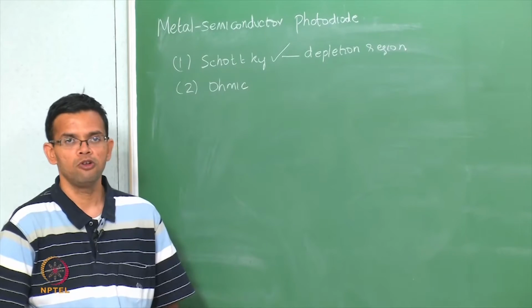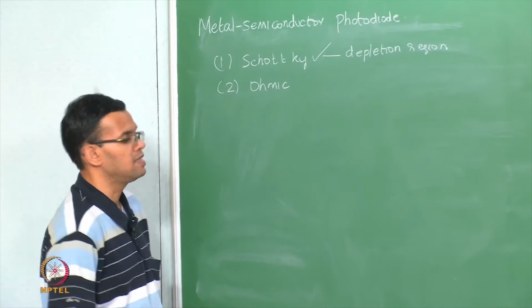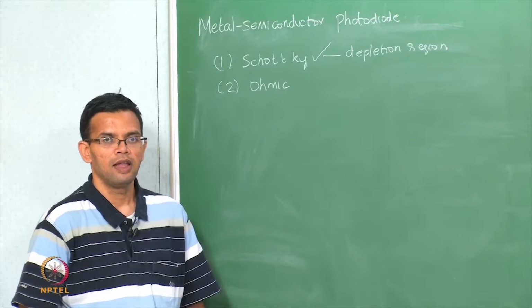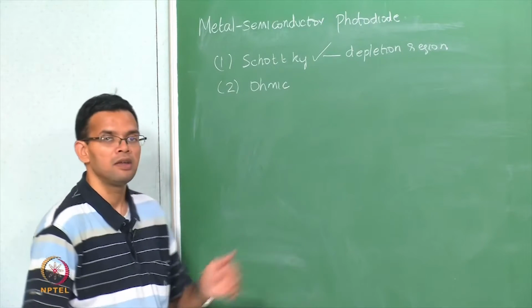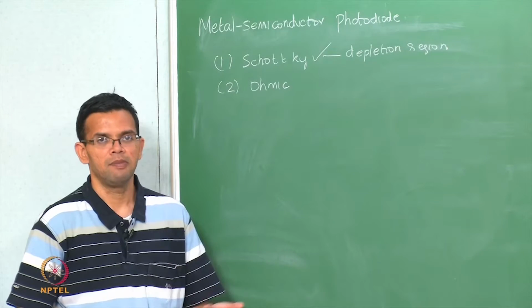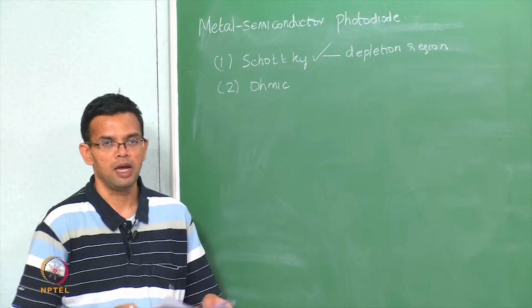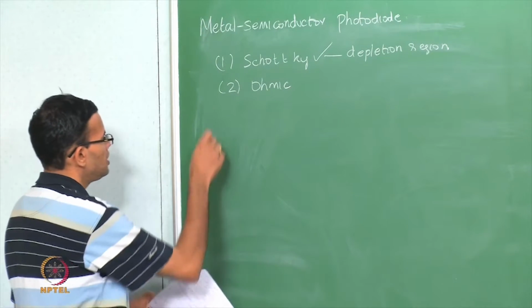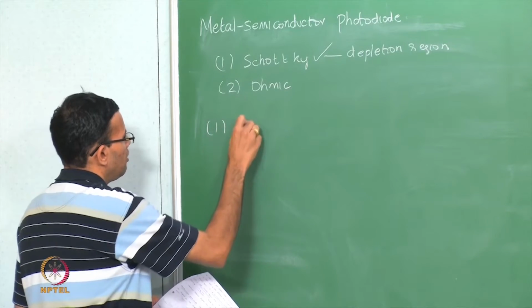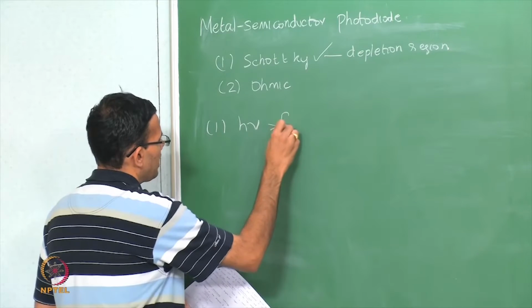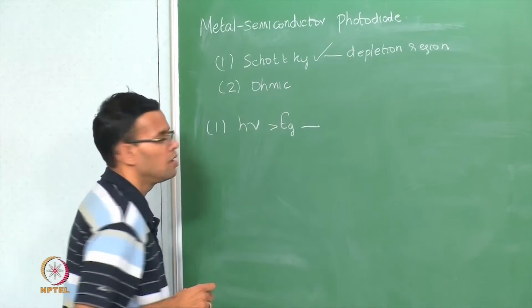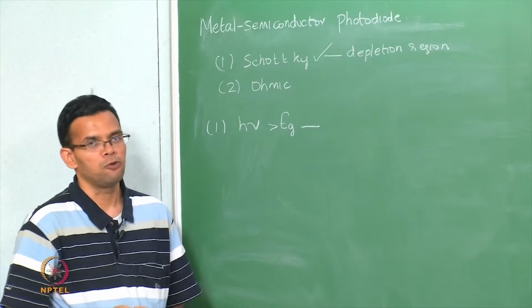So, there are two modes of operation of a metal semiconductor diode, and the reason we have two modes is because we now have a barrier between the metal and the semiconductor. This is your Schottky barrier. So, in the first case, if the energy of the photon is more than the band gap, then it behaves like your regular photodiode.